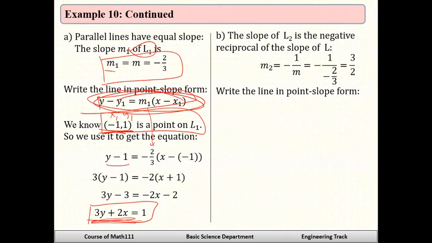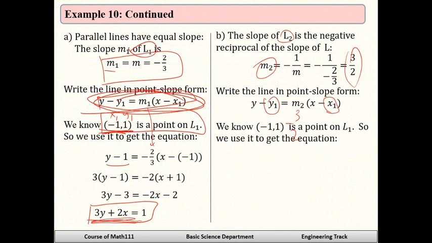Then we can write the point slope form. We know the slope M2 is 3/2. And do we know a point on the line L2? Yes, the point is on L2.